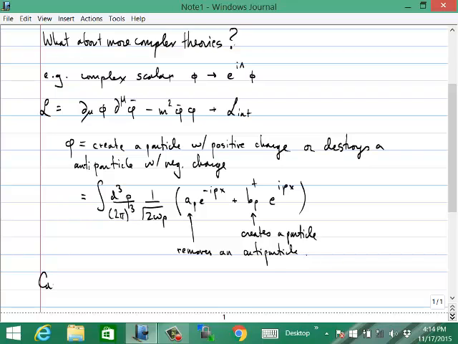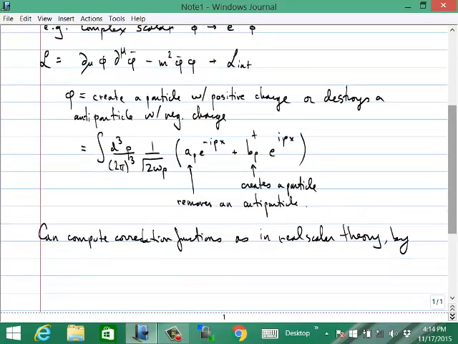So if we wanted to study this theory, where we now include an interaction term, we could then imagine going ahead and computing correlation functions as we did in a real scalar theory by studying the partition function, and in particular by introducing what is known as the generating function, which encodes all of the various correlation functions of the theory.